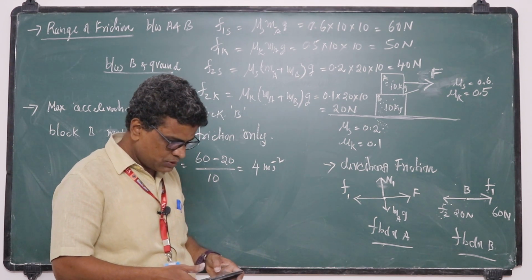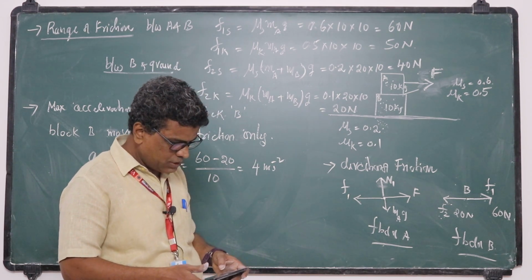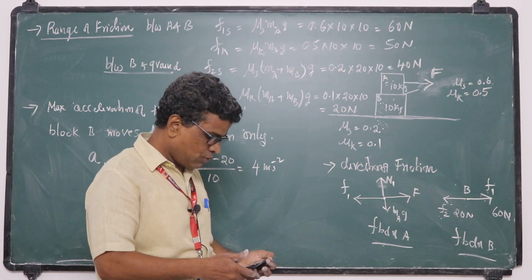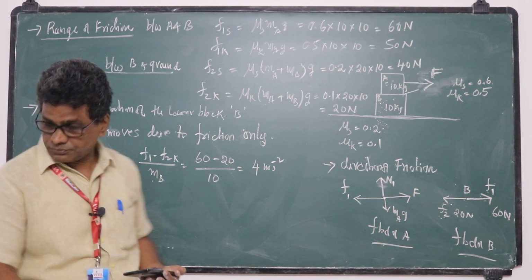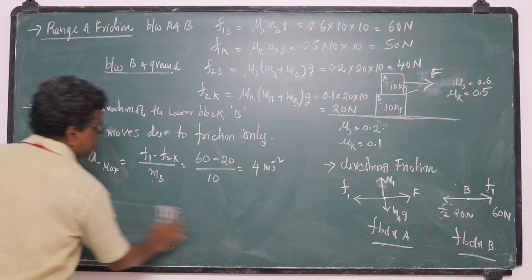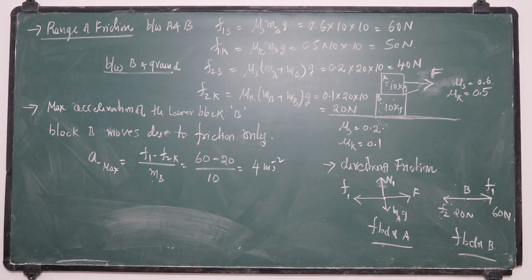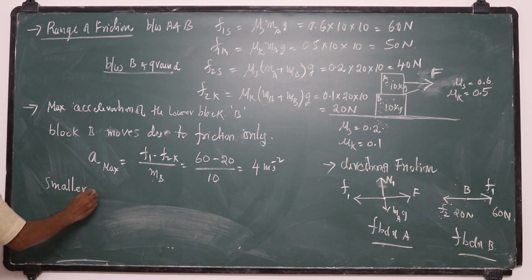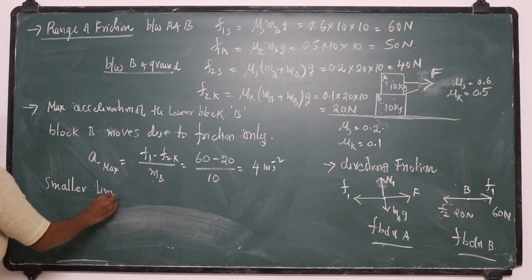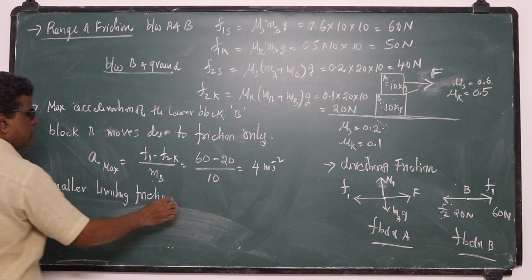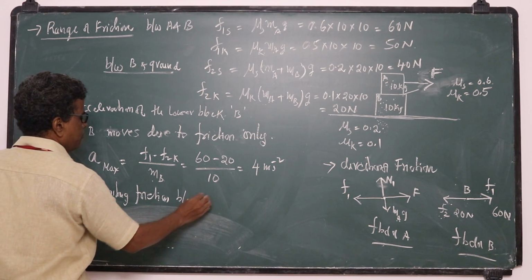Then both will move together till B reaches the maximum possible acceleration 4. So I will write: smaller is the limiting frictional force, the limiting friction between B and ground.